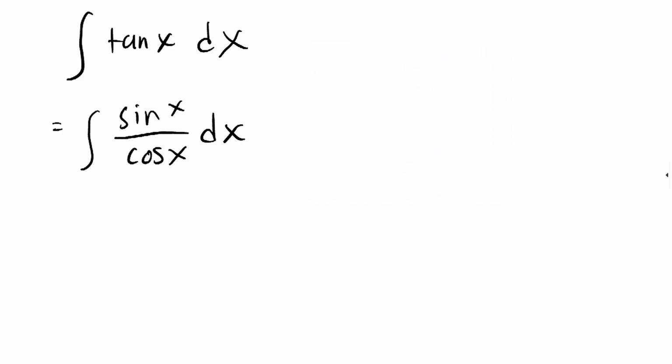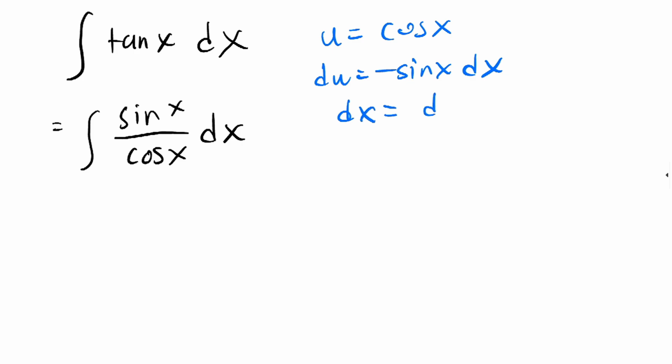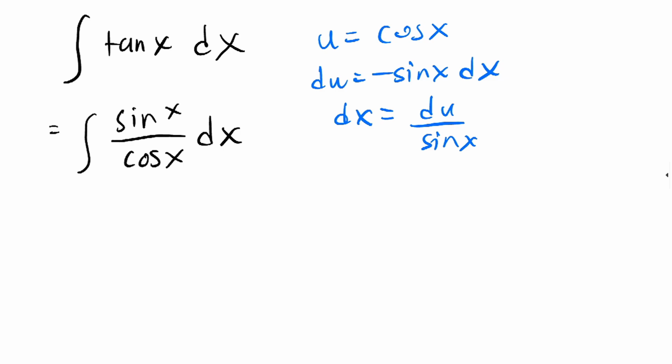So we're going to let u equal cosine x then. Our du will just be negative sine x dx. From here, we can solve for dx, which is just du over sine x. So we're really going to have the integral of sine x over u, right?